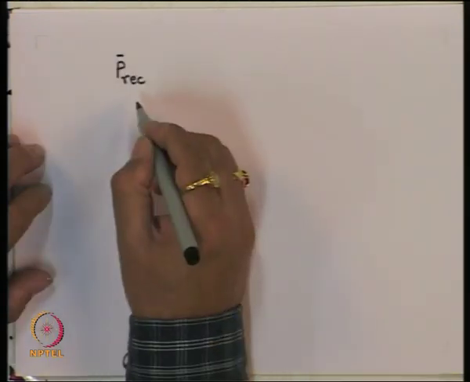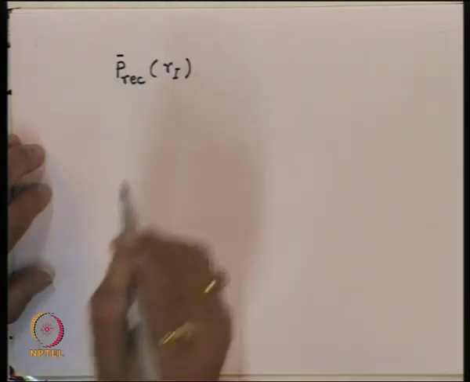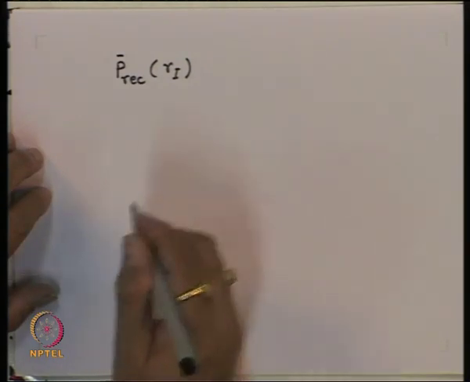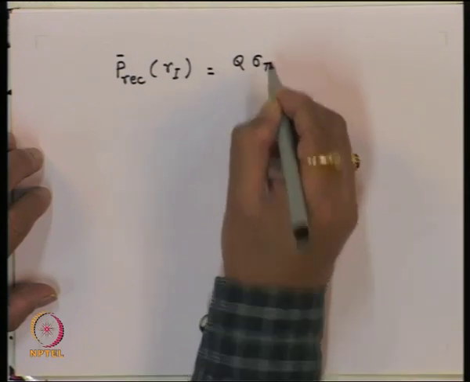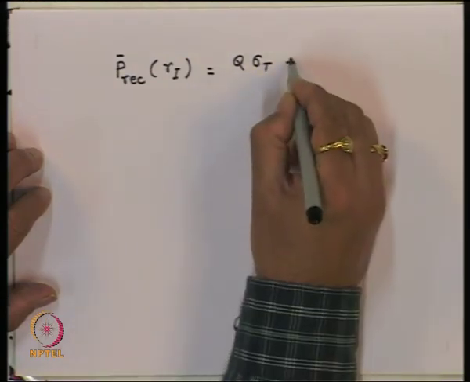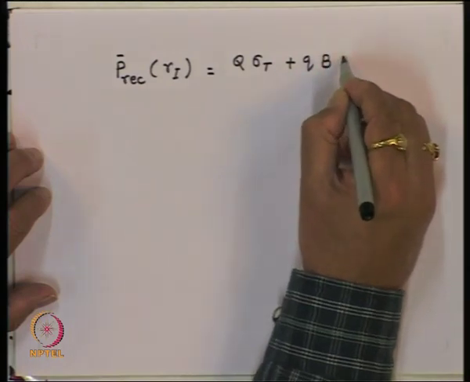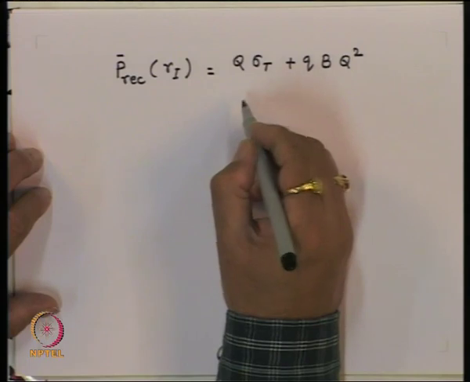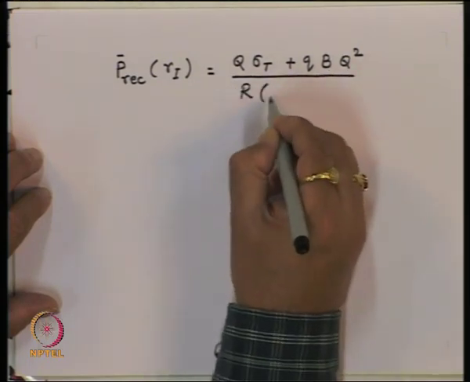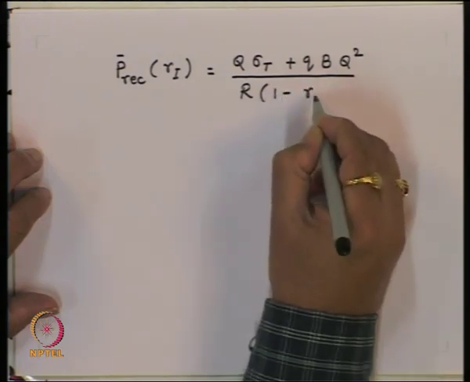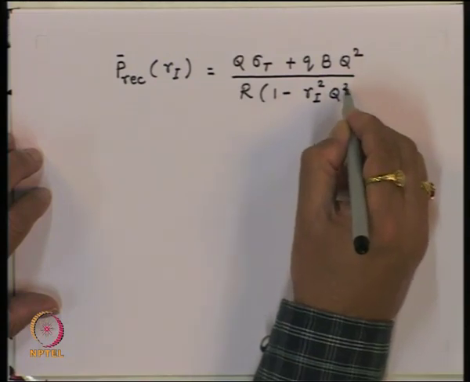PREC average, as a function of the RIN parameter Ri, will be equal to q into sigma t plus q square divided by the responsivity, into 1 minus Ri square into q square.